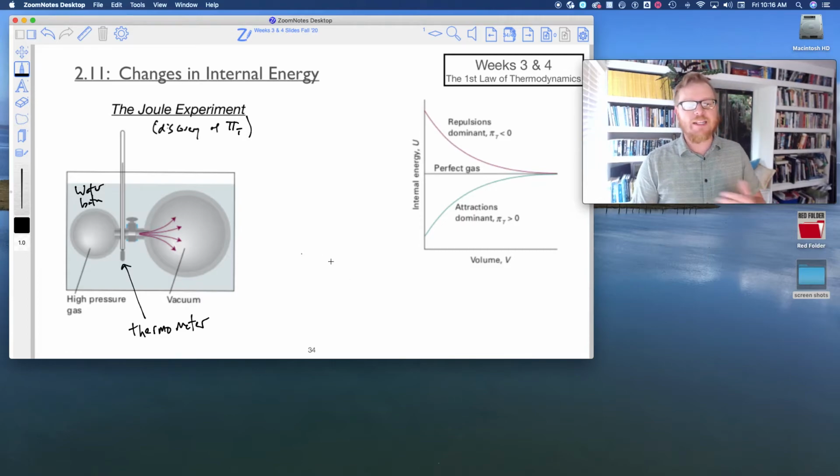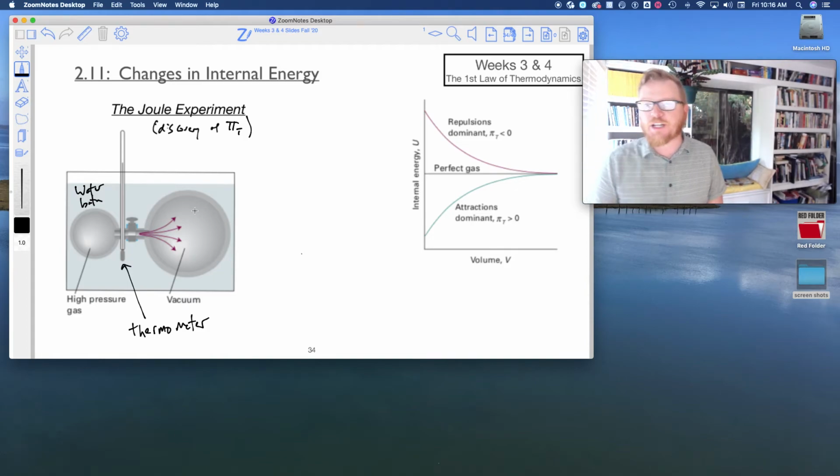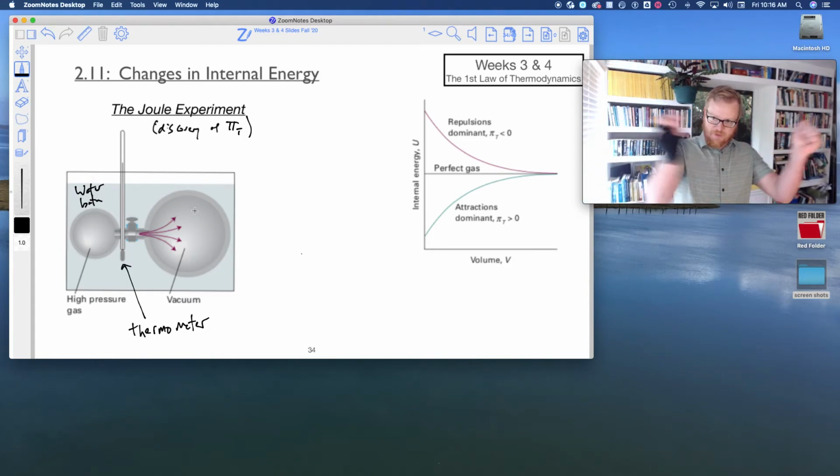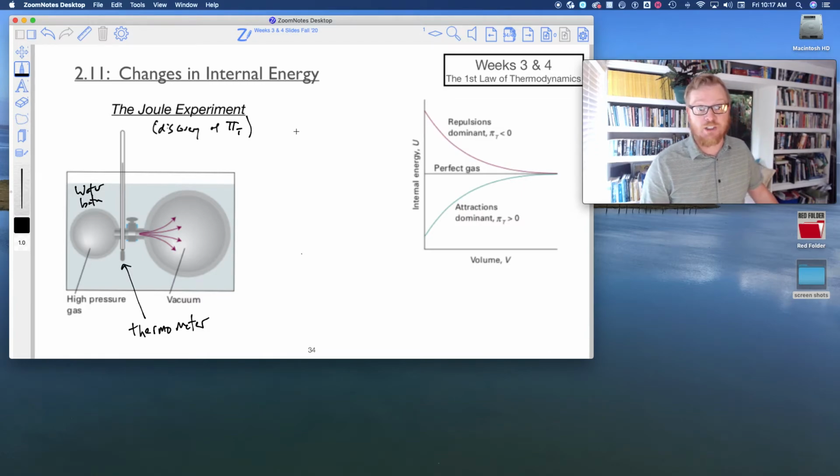But he said if there's some type of interaction between these particles, as they expand away from each other, there should be some type of temperature change as a result of the conversion of potential energy to kinetic energy, fueling the separation of the gases. But he didn't measure any temperature change at all. So there was no delta T in this original experiment.